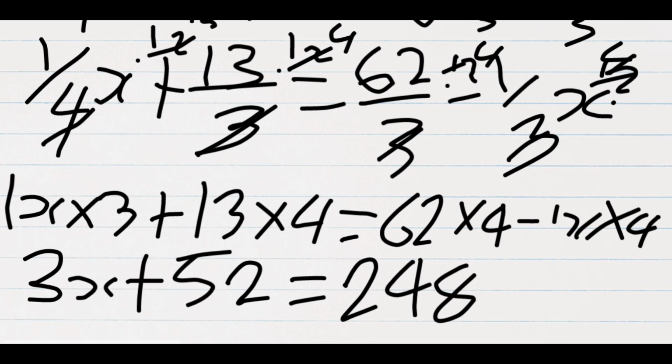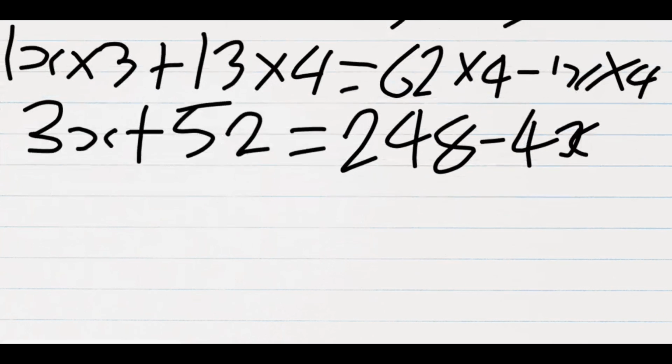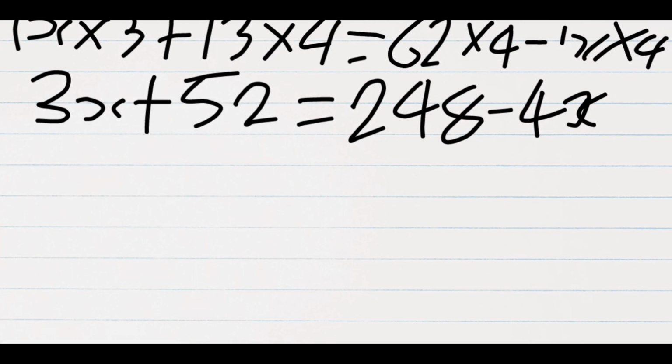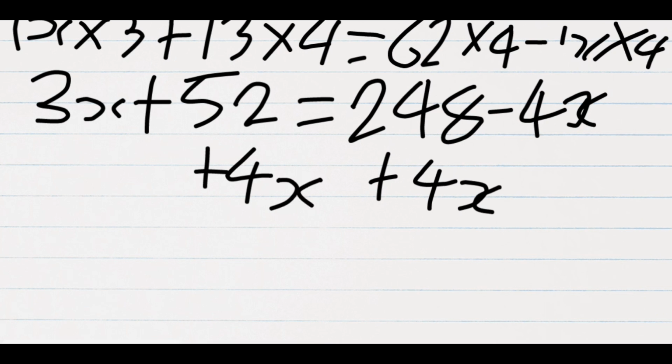Now what you're going to do next is to add 4x to both sides. So I have 3x plus 4x plus 52 is equal to 248.